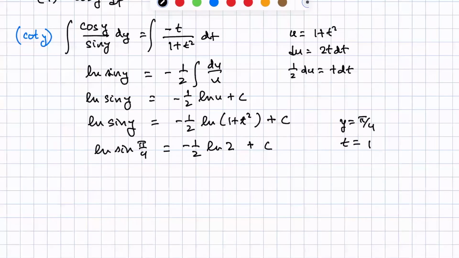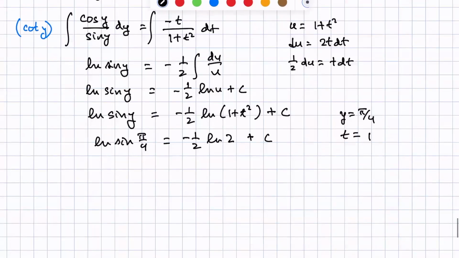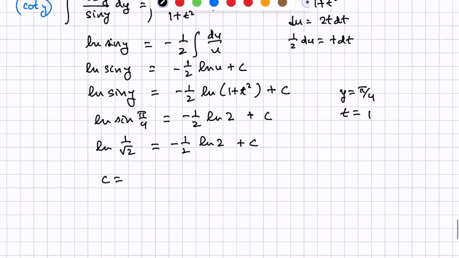Now, sine of pi over 4 is 1 over root 2. So that's equal to, okay, let's just continue writing this down, plus c. So c is equal to log of 1 over root 2 plus 1/2 log 2.